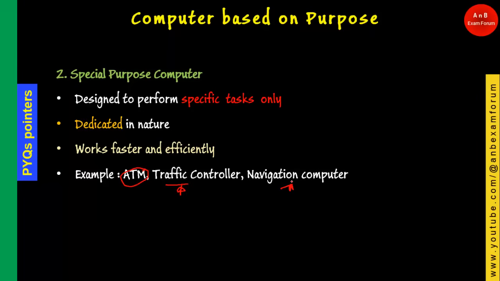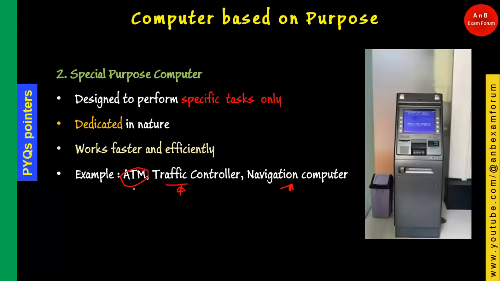So those are known as special purpose computers, which do only a specific task. In the exam they can ask you, ATM is what type of computer? It is a special purpose computer. And this is an ATM.